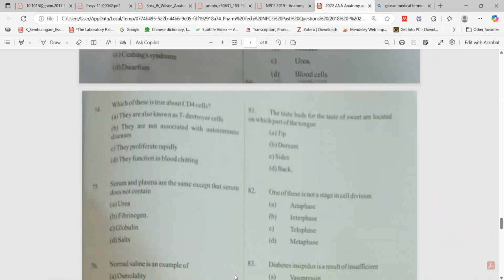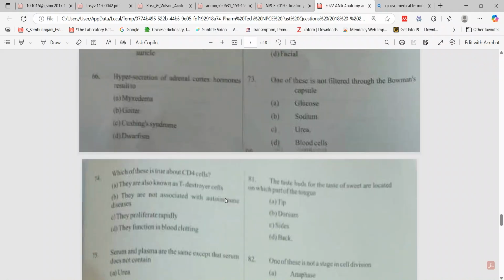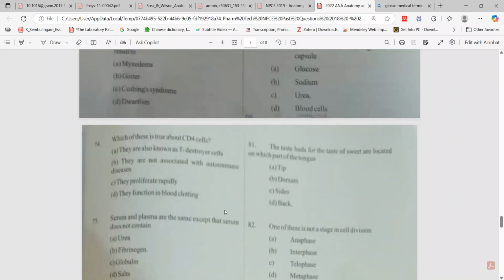74. Which of these is not true about the Bowman's capsule? Abibat, I know what you are thinking. You know that the glomerulus filters the blood, but that's the confusion. The Bowman's capsule does not filter the blood cells.